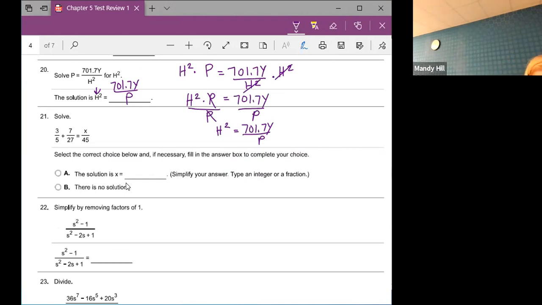Number 21. Solve for x here. So we're trying to get x by itself. First thing we can do is just go to our calculator and figure out what this is. We can put these two terms together. That would be 3/5 plus 7 over 27.